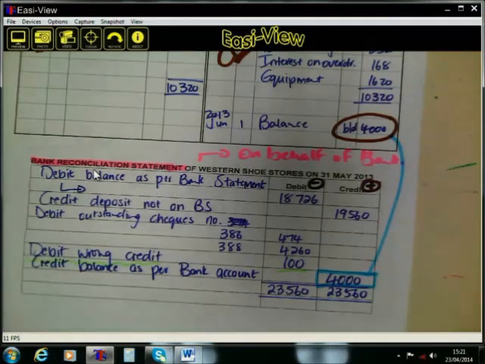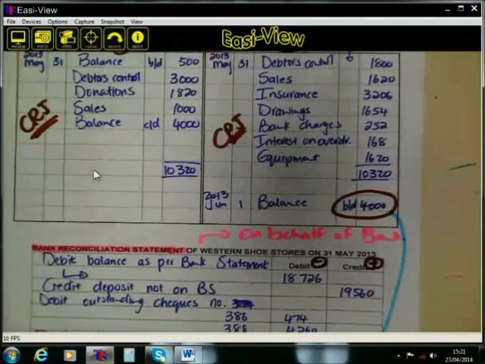So this was normal bank reconciliation without the CRJ and the CPJ.